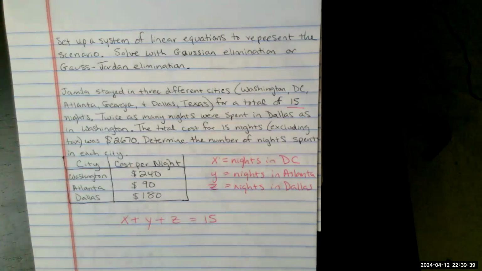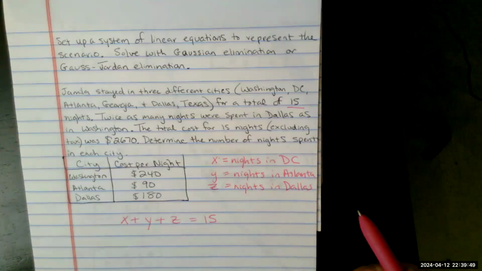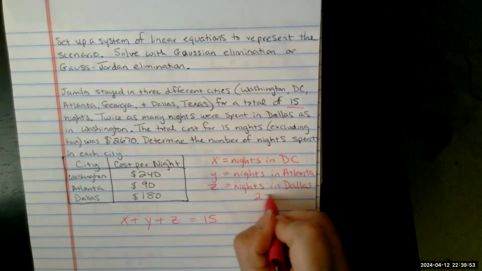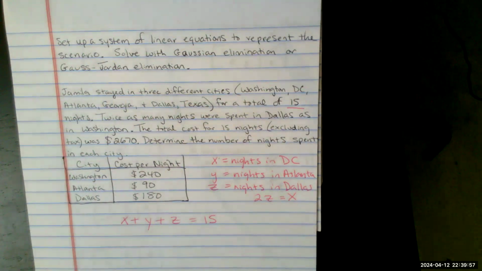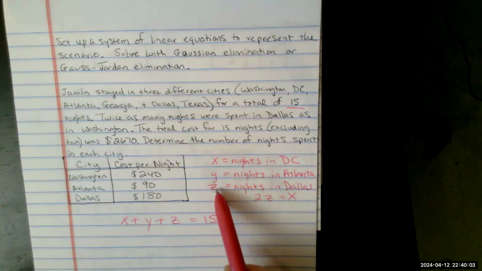Now, it also says twice as many nights were spent in Dallas as Washington, D.C. A lot of people are going to mess up this equation and say, twice Dallas equals DC. But that doesn't make sense, because if Dallas already had twice as many as DC, this is the larger number.